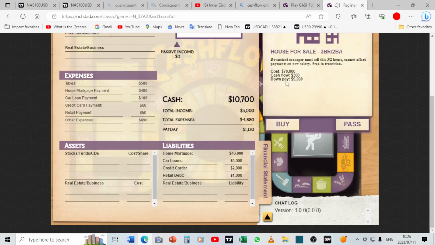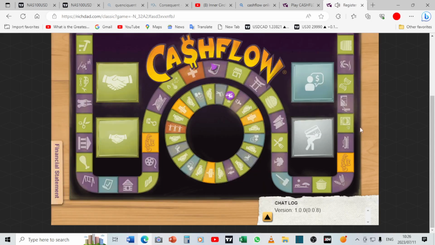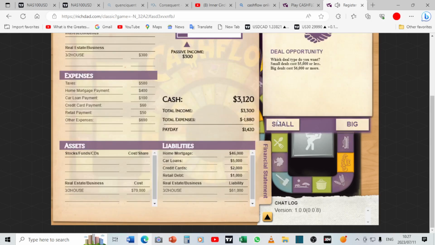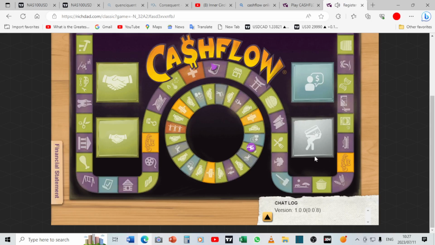Cash flow is 300, down payment is 9,000, and it costs 70,000. Then I'll have to buy this, 300 at least. It can get 300 back and can help with taxes. Remember, the aim is for passive income to be more. Cash flow is 2,000, down payment we do not have.